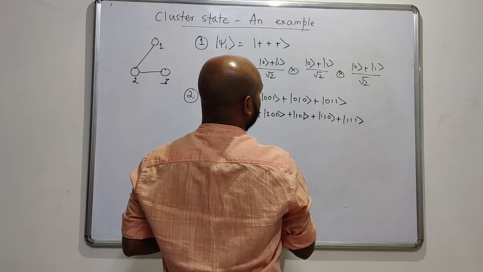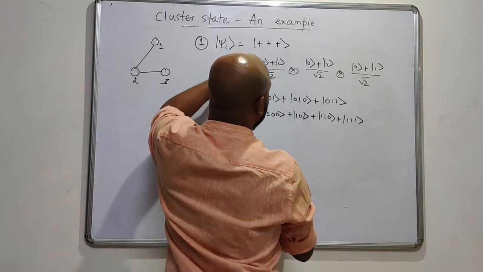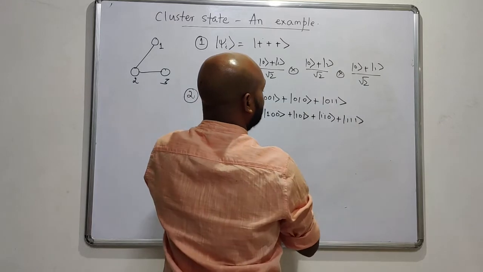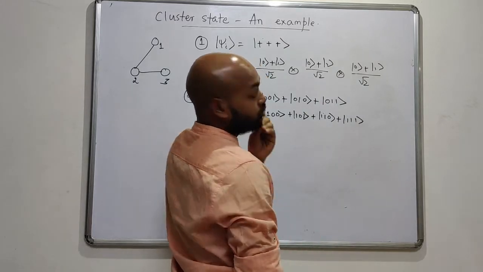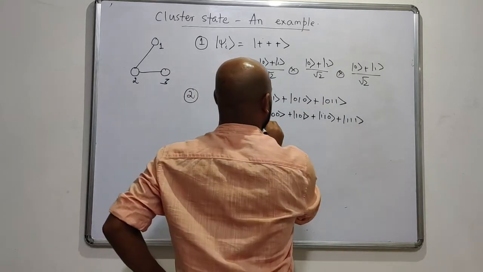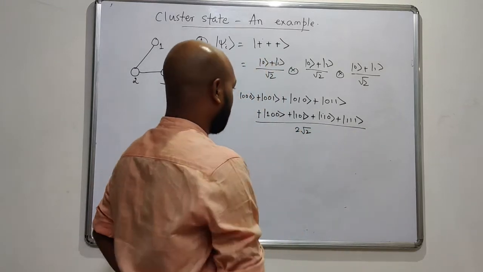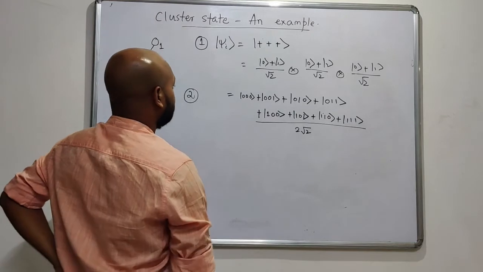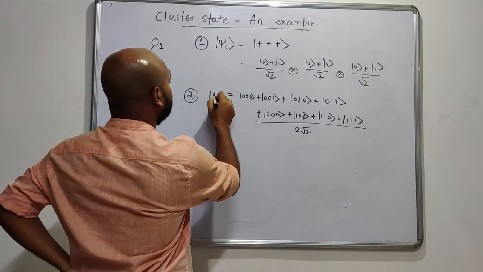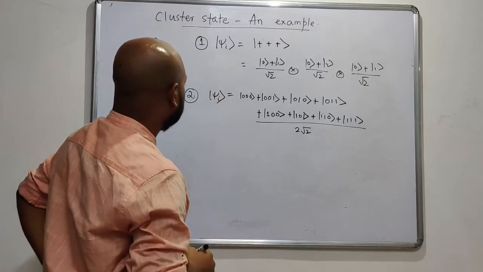Everywhere I have a root 2, root 2, root 2, so this is divided by 2 root 2. Then this is my initial state.